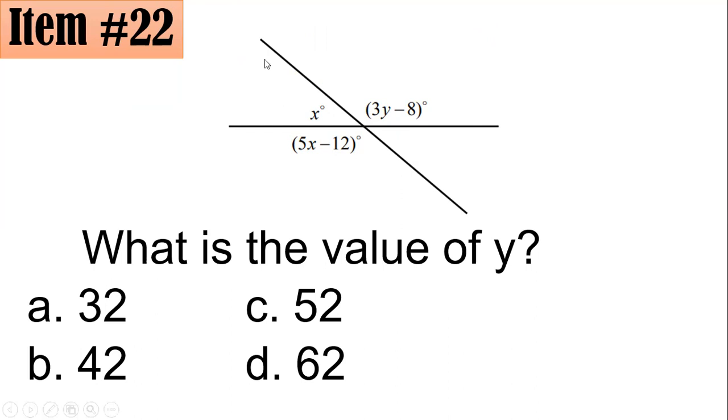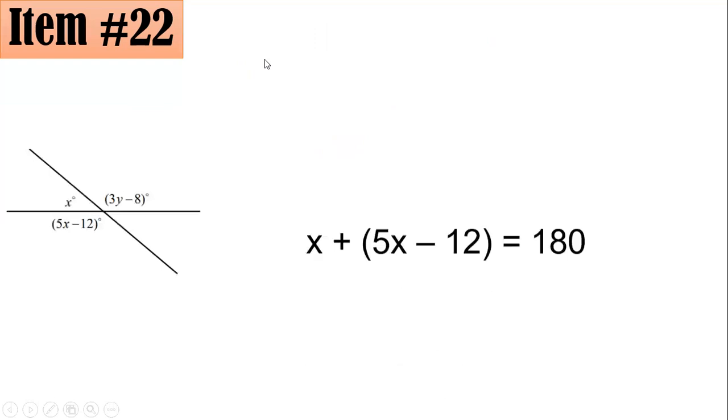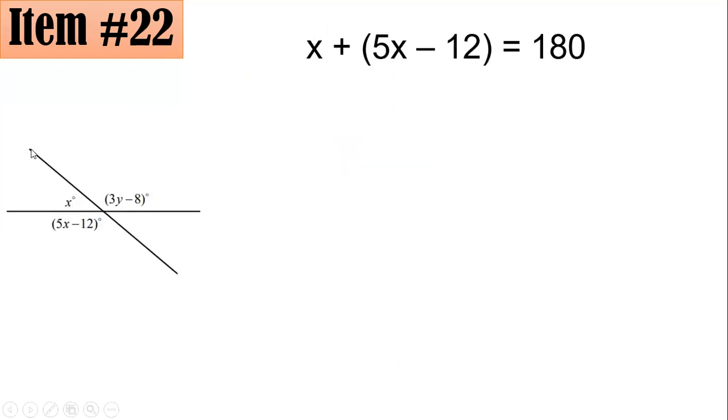It is noteworthy to see from this given that since this is a straight line, it follows that x and 5x minus 12 are forming a linear pair because they are adjacent, while at the same time, they add up to 180. So you have your x plus 5x minus 12. The sum of these two should be 180.